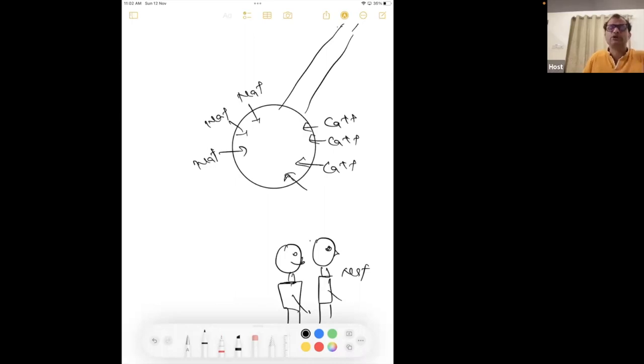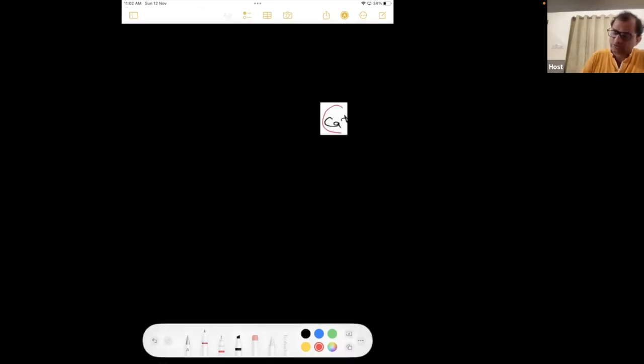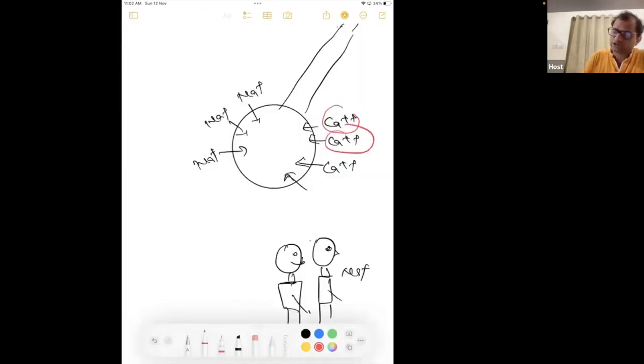So they have to refill themselves with calcium. The more you use your muscles or the neuromuscular junctions, the more calcium you need. Because without calcium, you can't do contraction.